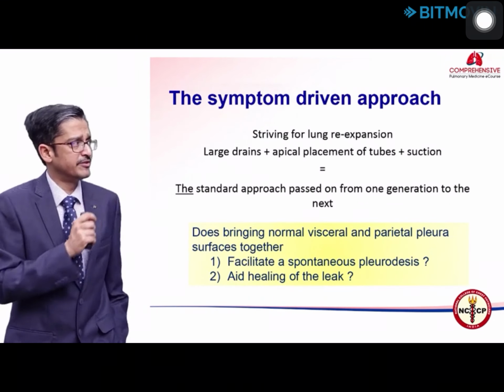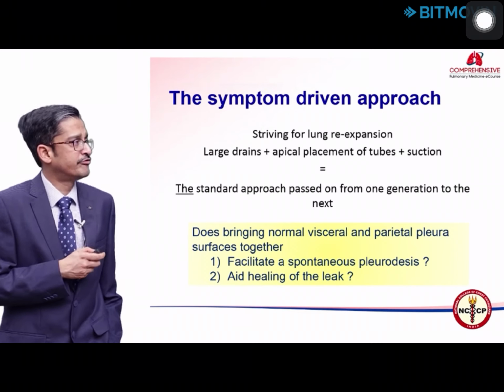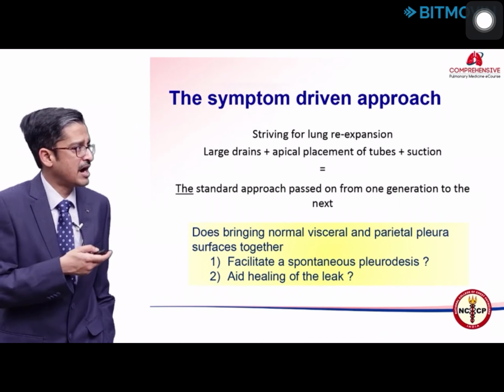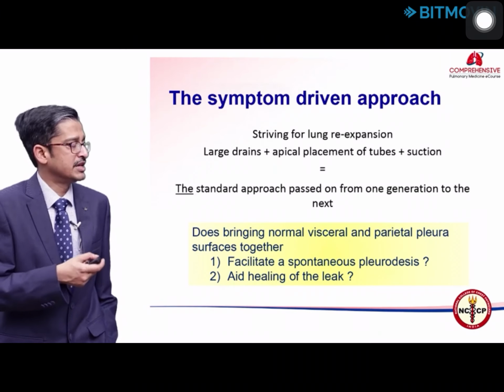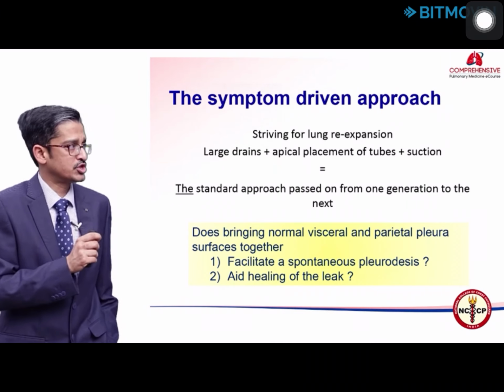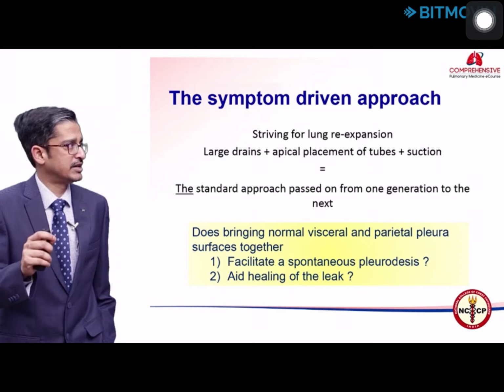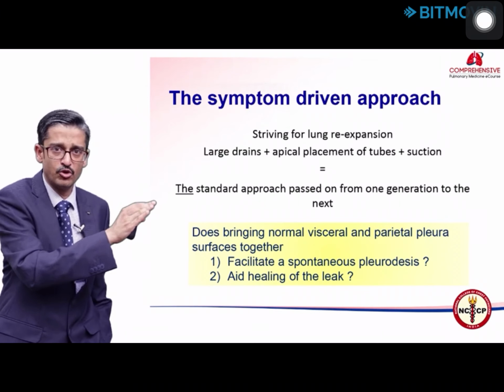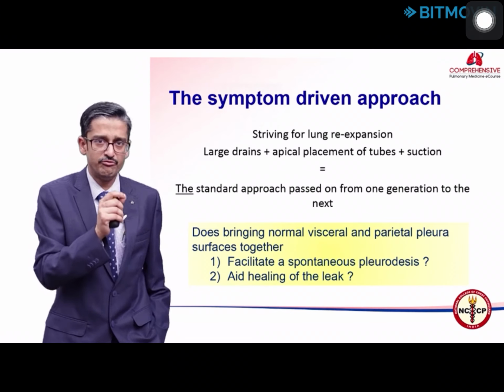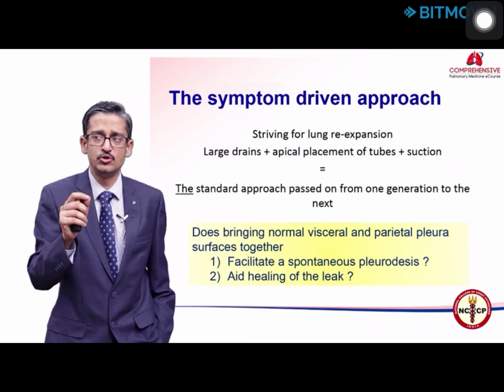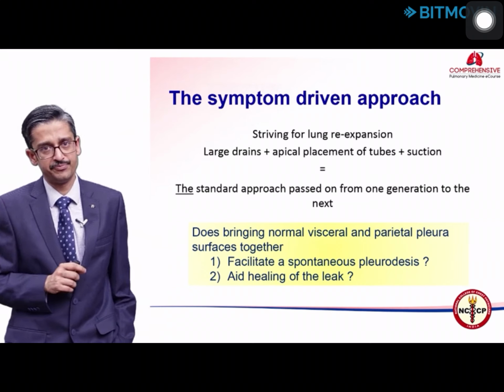So for a symptom-driven approach, you're striving for lung re-expansion. Large drains plus apical placement of tubes plus suctions equals the standard approach passed on from one generation to the other. This is not symptom-driven. What I spoke about earlier was symptom-driven. This is what we have spoken about, how we have managed pneumothoraces for years together.